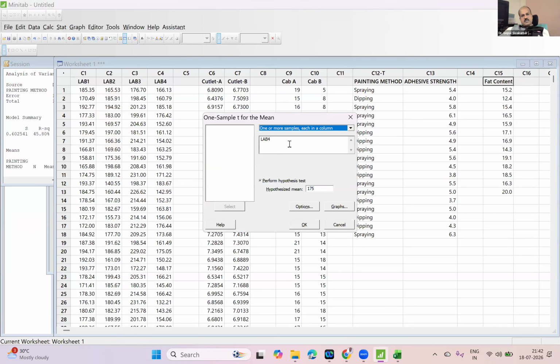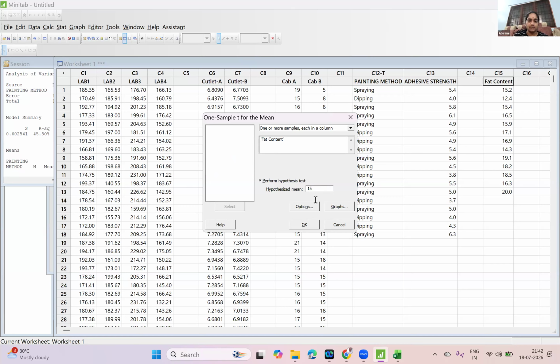Click one or more samples in a column. Yes, in a column. Where is that column? Column 15. Select it and perform hypothesis test. What is the declared fat content? Up to what percentage fat content is permissible? 15.